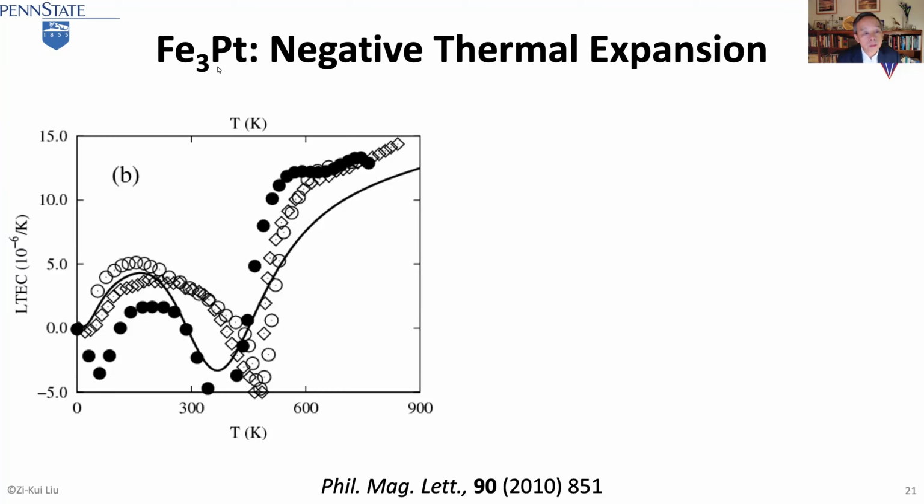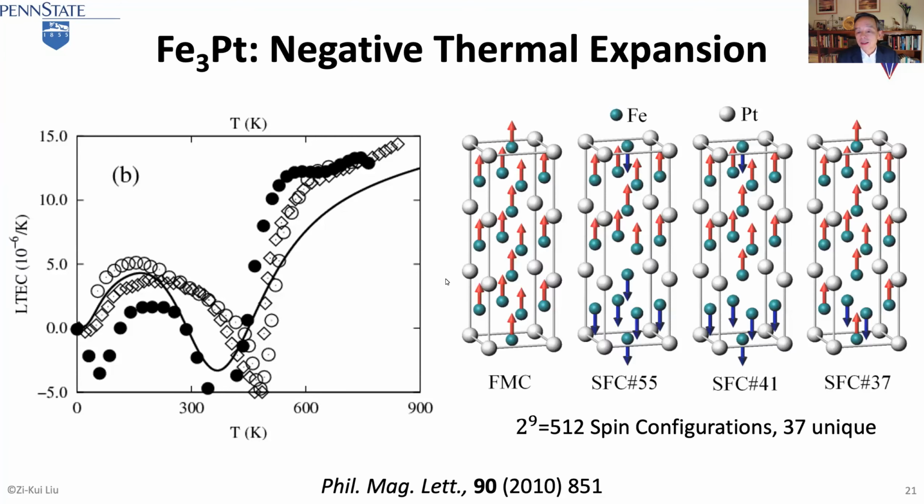So for Fe3Pt, again, we have the spin configurations. This is ferromagnetic, which is the ground state. And then the other spin configurations are non-ground state configurations, with symmetry breaking, as you can see from the spin polarization. I have 9 iron atoms, so 2 to the 9th power, 512 spin configurations.